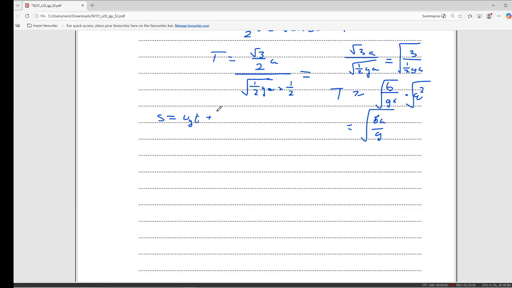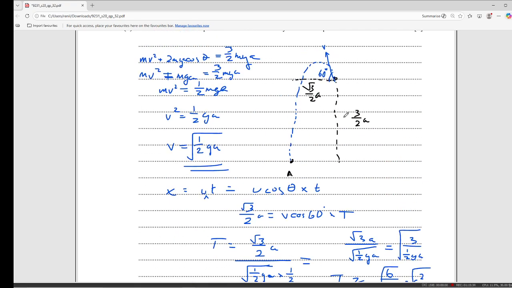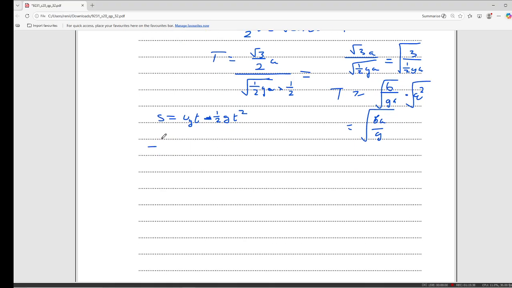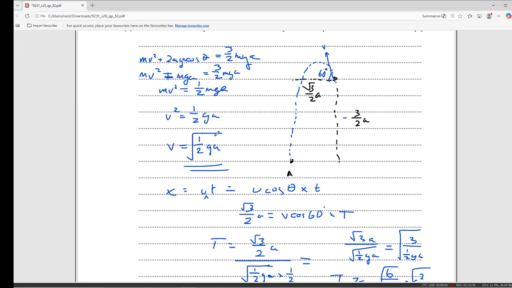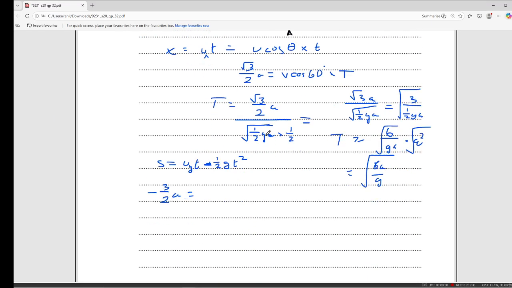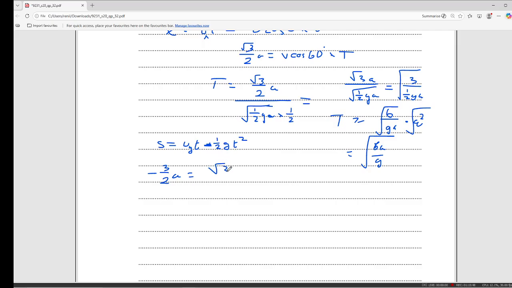Okay, right. Now the vertical height, you can represent that as s equals uyt minus half gt square, and as such the vertical height is actually negative 3 by 2a because it's going downwards. So minus 3 by 2a equals uy t minus half g t square. Now uy is vy, which is v sine 60 degrees, so root 3 by 2 times v.